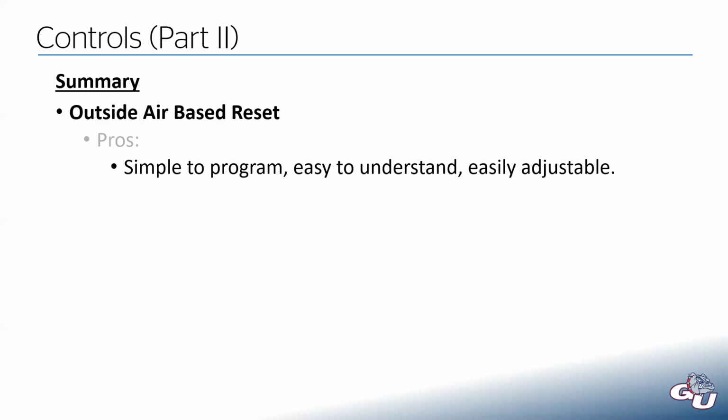Maybe instead of setting your minimum limit to 20 degrees outside air temperature, you increase that to 30, so it will hit your design condition sooner. So that's the advantage. Super easy to understand and to change.